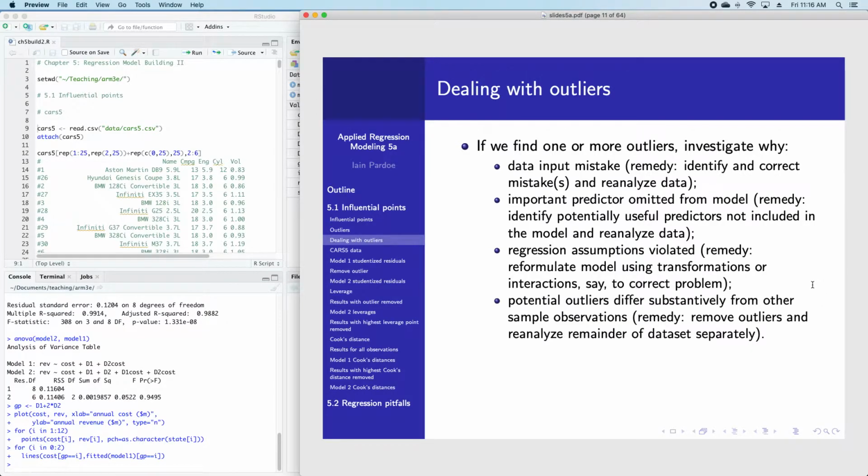And then a fourth possible scenario is that this outlier really is very different from the other data, and there's nothing wrong with the data, there's nothing wrong with the model, everything's good, it's just that we've got a very unusual point. In that case, what we might think of doing is to say, okay, this data point doesn't really fit here, so I'm going to exclude it from the analysis.